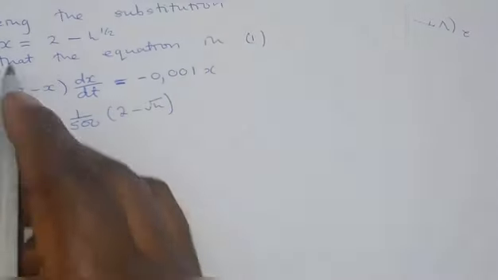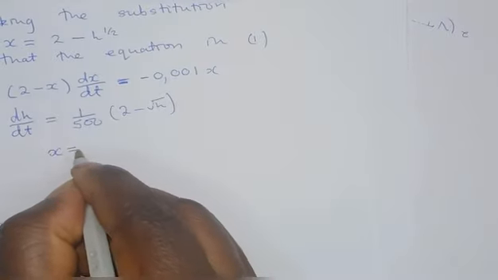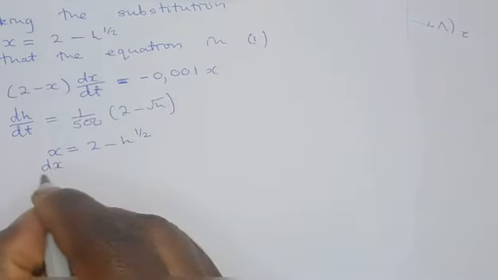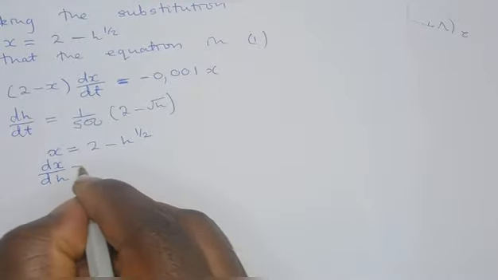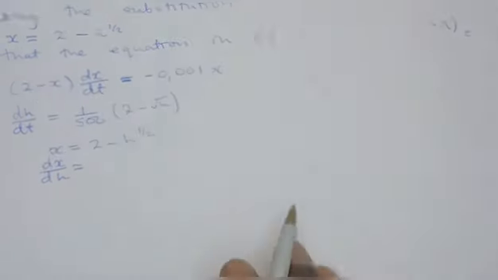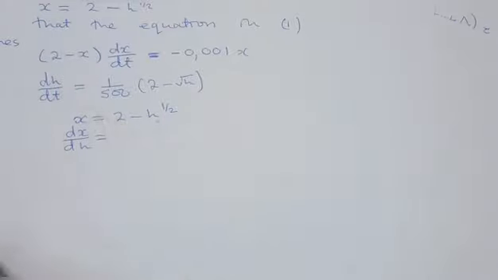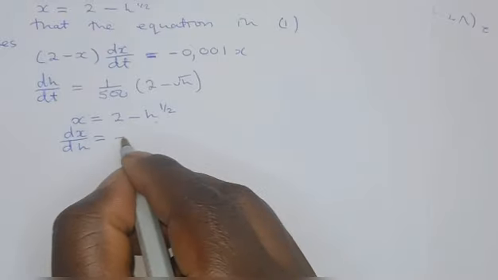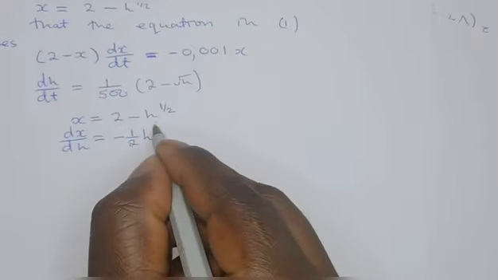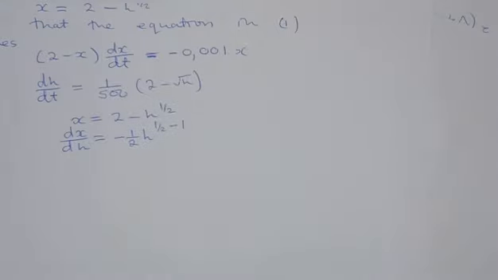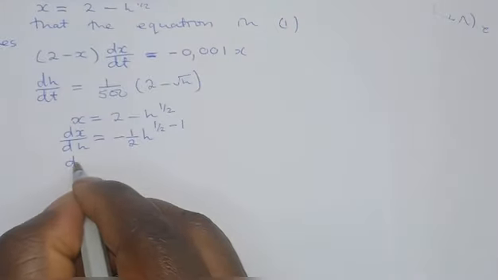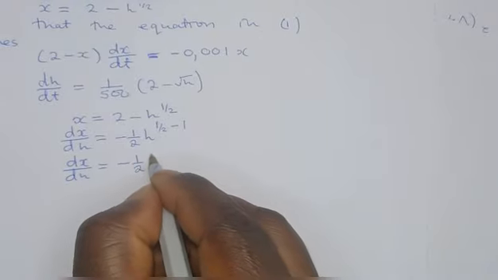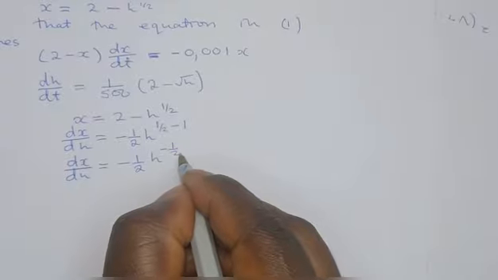And then what we have been given is x is equals to 2 minus h to the power of half. We need to differentiate using dx over dh. The derivative of 2 is 0, then the half comes down times minus, and you get minus half h to the power of minus half. So dx over dh is equals to minus half h to the power of minus half.